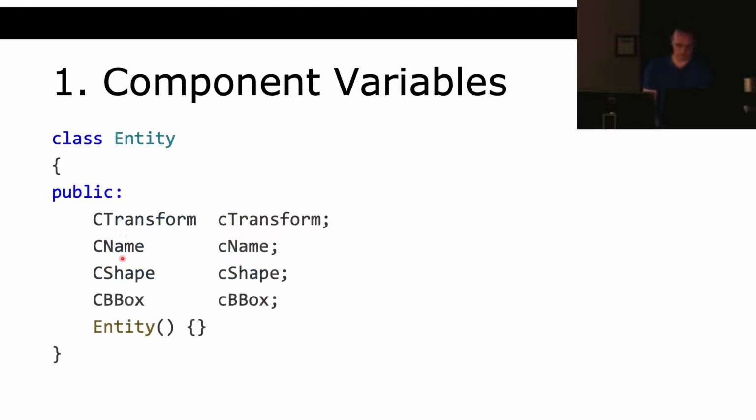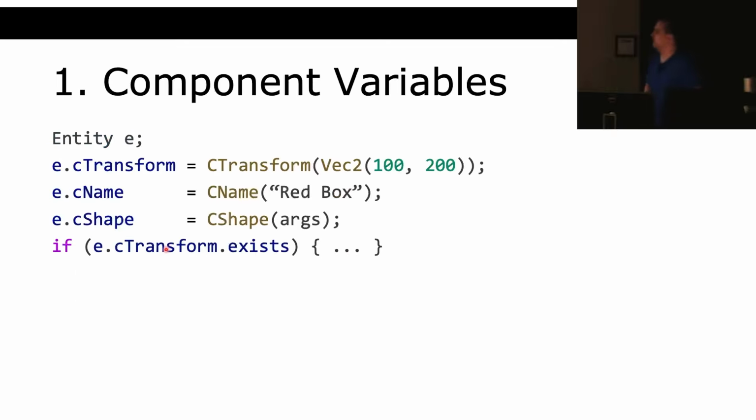So if these are all just default constructed stack variables here, how would I tell which components actually exist within this thing? Because it has the variable, and so we would need some way of saying, okay, if e.cTransform.exists.